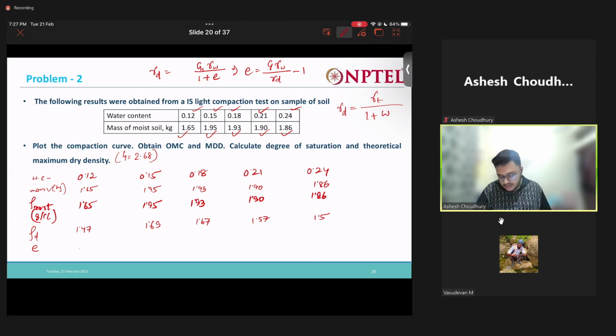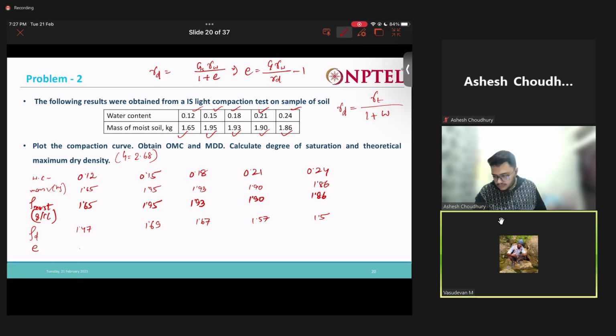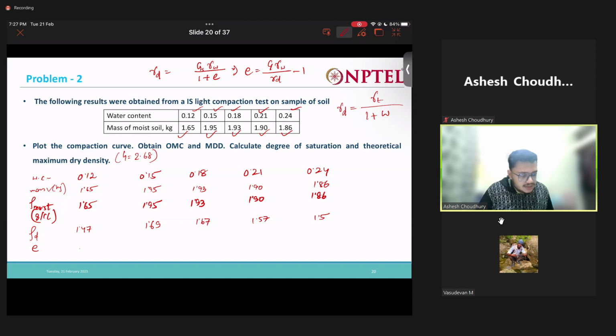2.68 into, remember it's in gram per cc. Remember everything. What will it be? 2.68 into 1 divided by 1.47 minus 1.